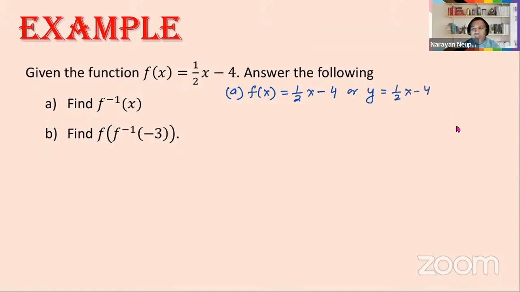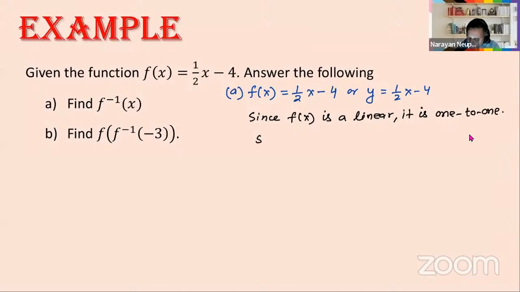This is a linear function, so this is a one-to-one function. If the function is one-to-one, we can find the inverse. So we can say, since f of x is a linear function, it is one-to-one, so the inverse exists, meaning we can find the inverse.